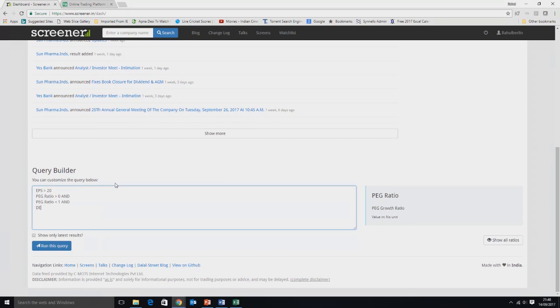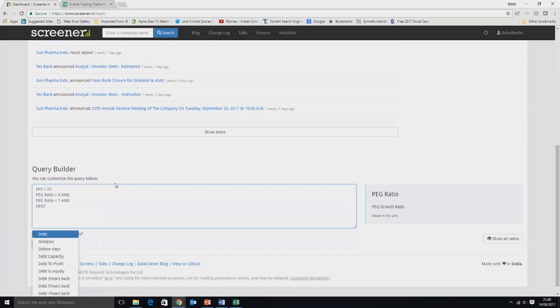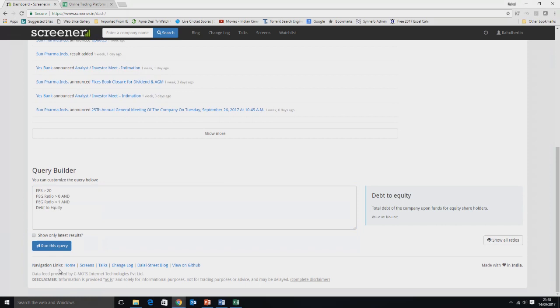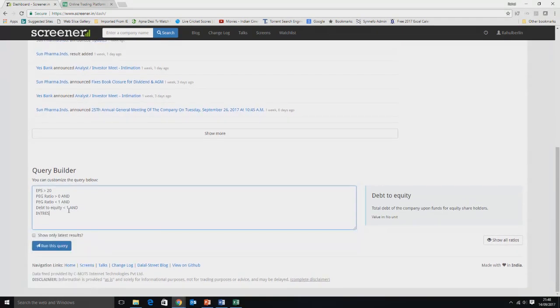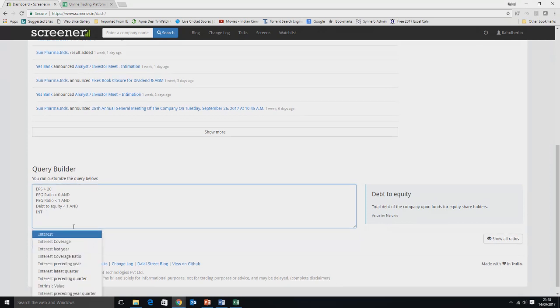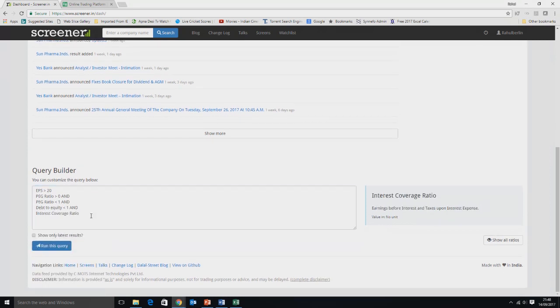And debt to equity should be less than 1, and ICR, interest coverage ratio, should be greater than 3. This is most of the points which we are looking for.